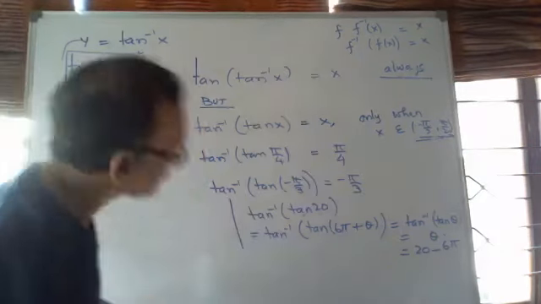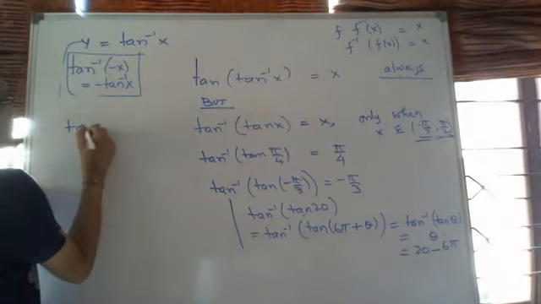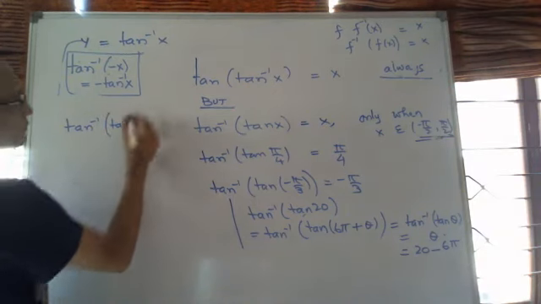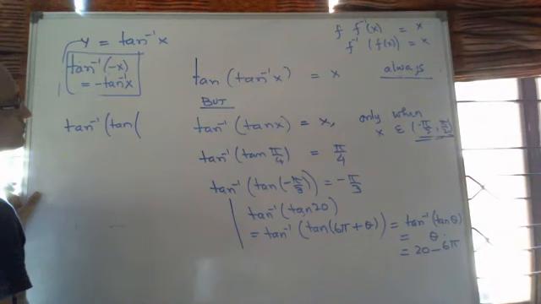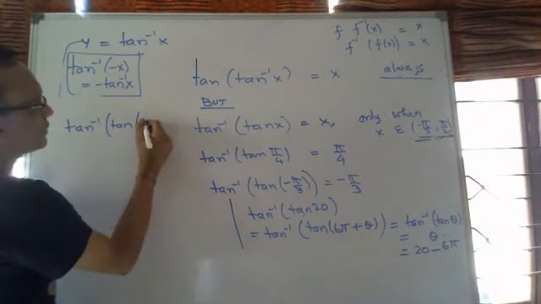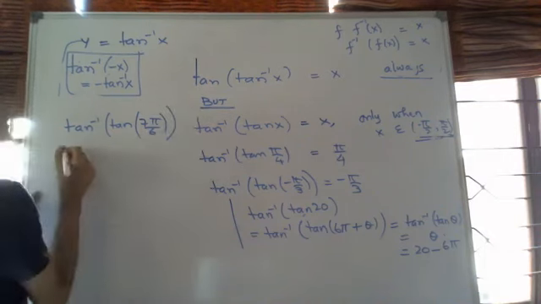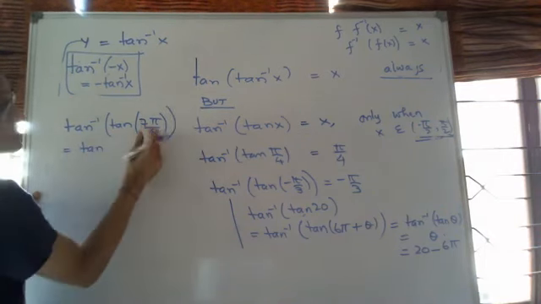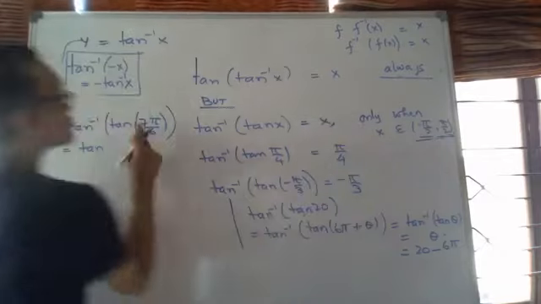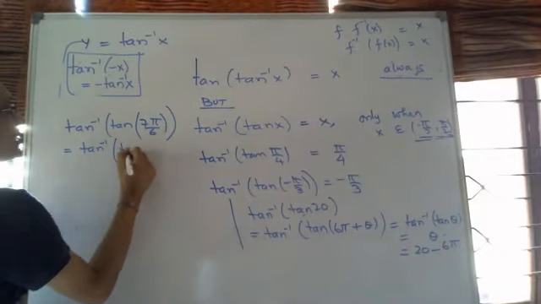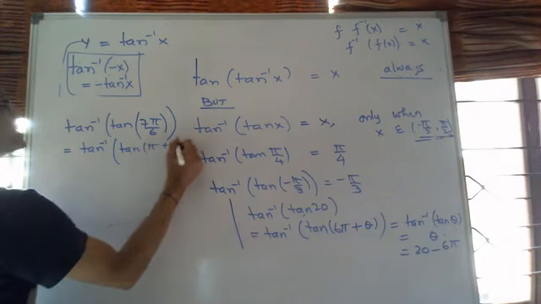If I had tan inverse of seven pi by 6, this is like tan inverse tan. Because 7 pi by 6 doesn't belong to this interval, the output cannot be 7 pi by 6. This is like tan inverse tan of pi plus pi by 6.